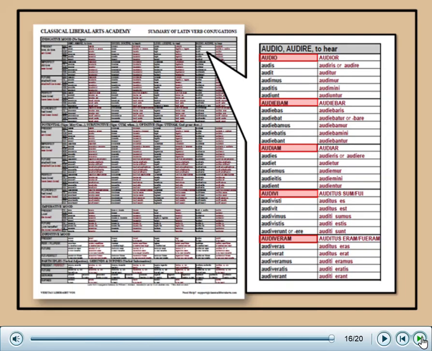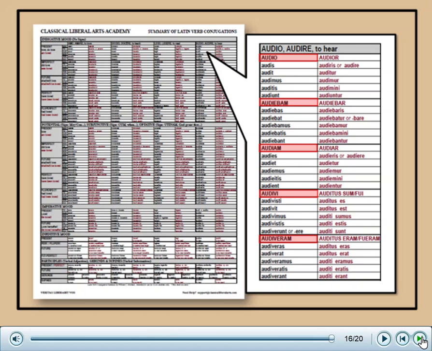Now let's move to the fourth conjugation. Here we'll study the first person forms of each tense of the indicative mood for the fourth conjugation verb audio, audire, which means to hear. You can see the forms we're going to learn highlighted in red in the box on your screen.